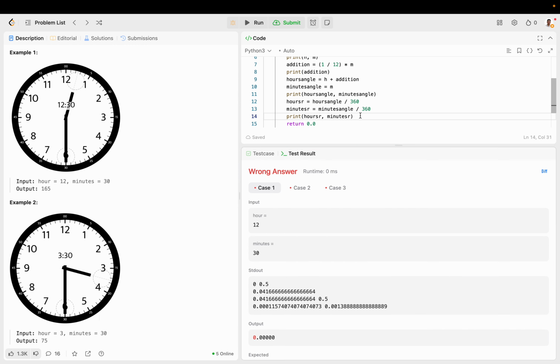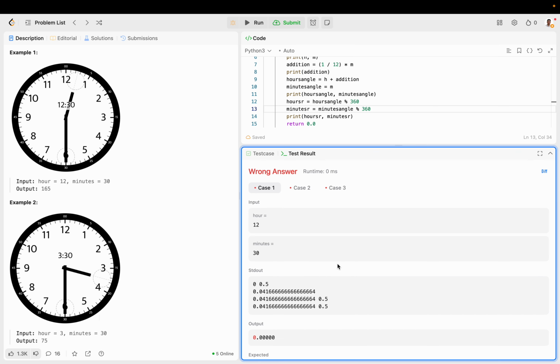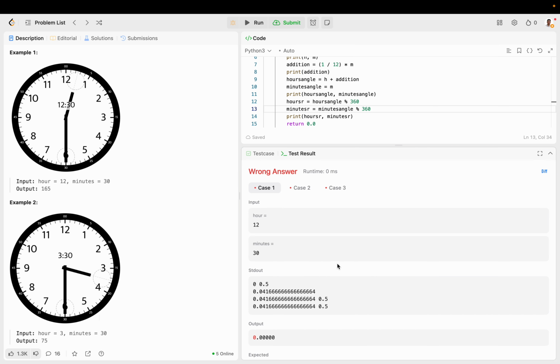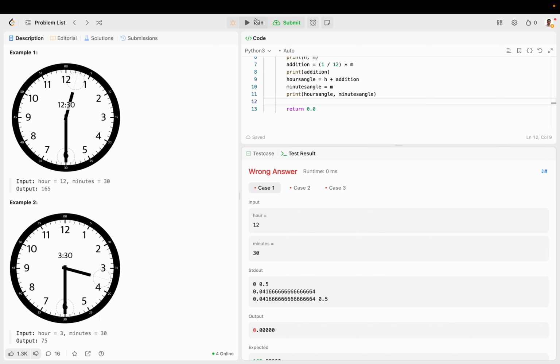Okay, that's not correct. It's maybe modulo. No. Okay, hold on one second. Let's see here. So I got 0.41 and 0.5. Okay.